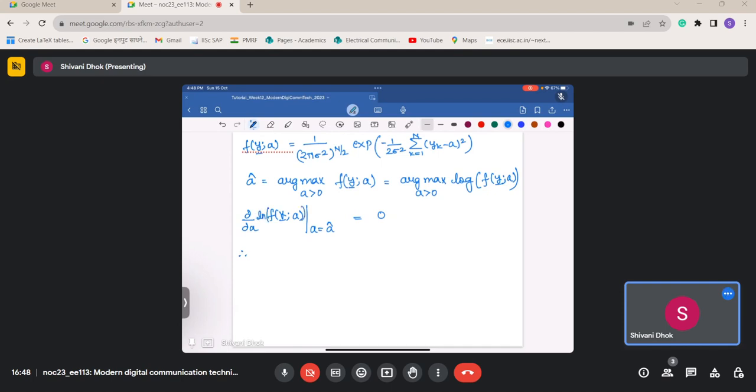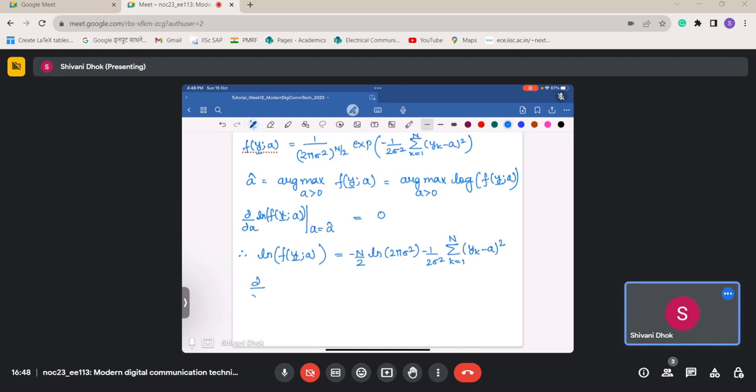Therefore, log of f of y given a will be equal to minus N by 2 log of 2 pi sigma square minus 1 by 2 sigma square summation k running from 1 to capital N of (yk minus a) whole square.